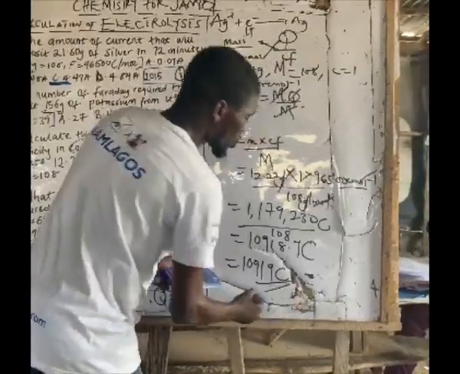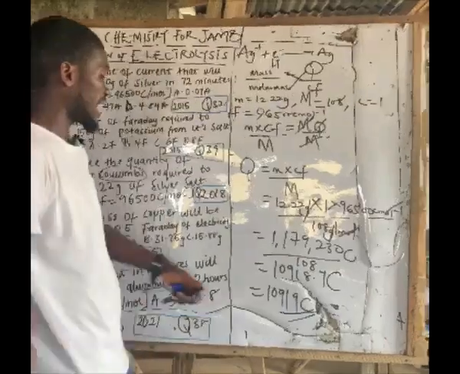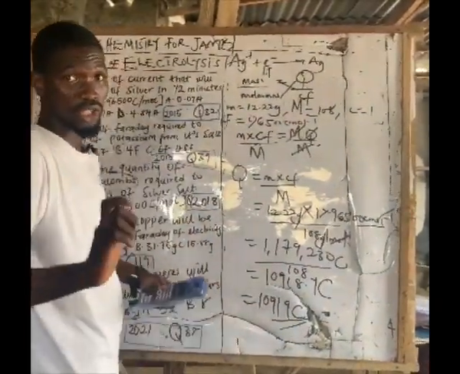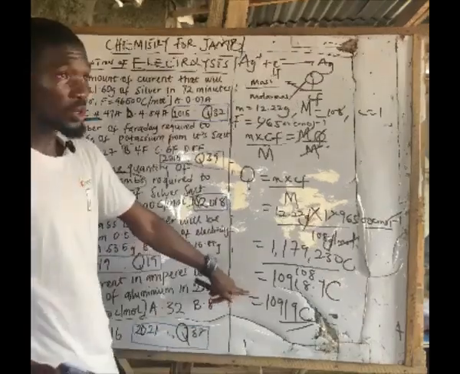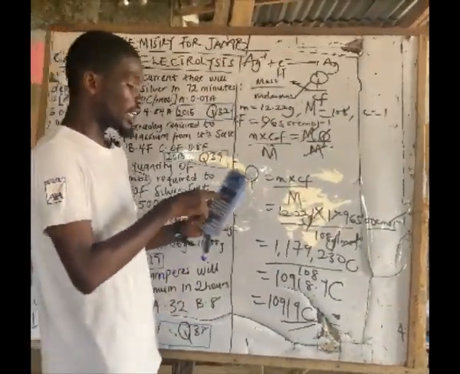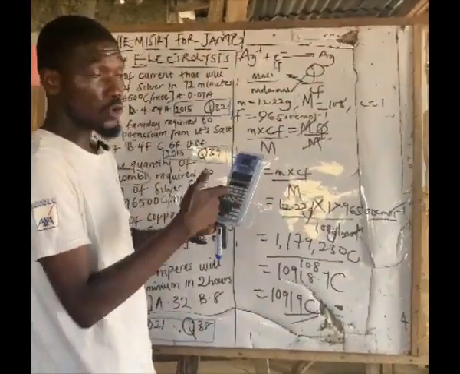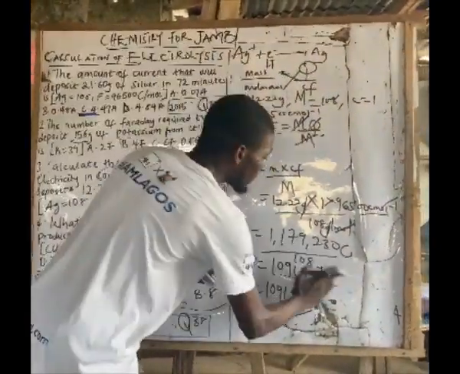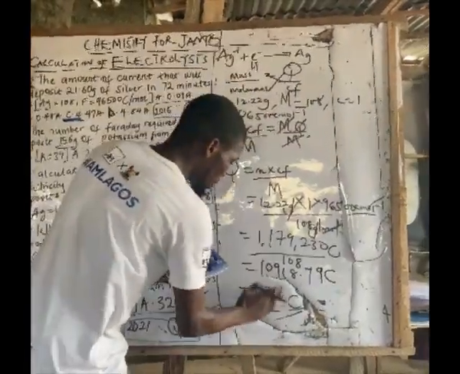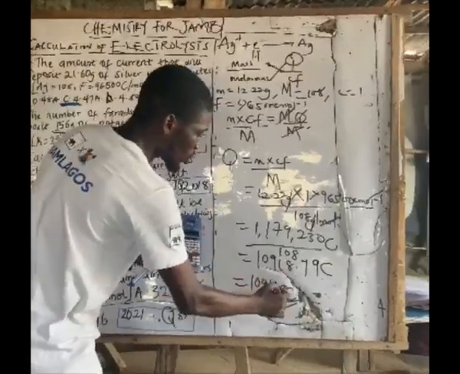So please, one thing about JAMB is they are very tricky. You can have this as the answer, and you can as well have this as the answer. I will advise you to go with this. But if when you point your calculator at the end, you have 10918.79, then for JAMB, if we are having 9 here, the approximation will be 10918.8 coulombs.